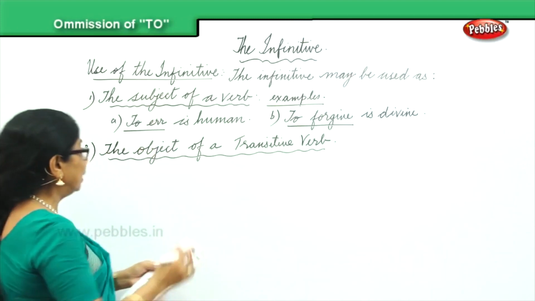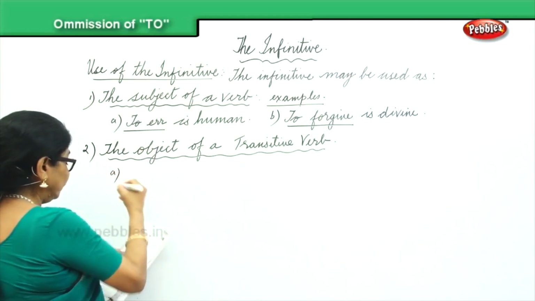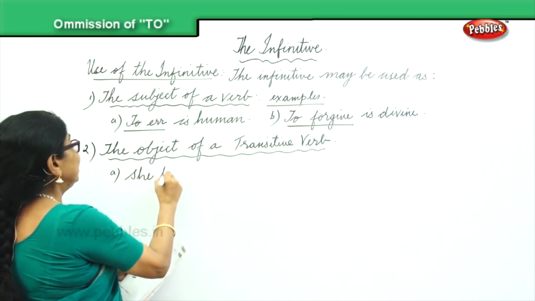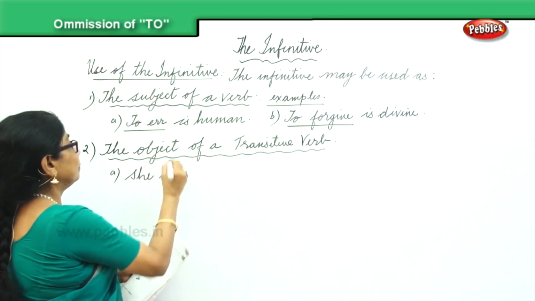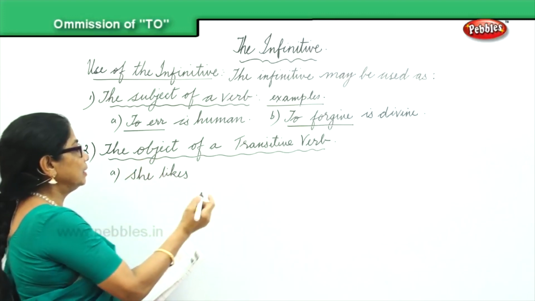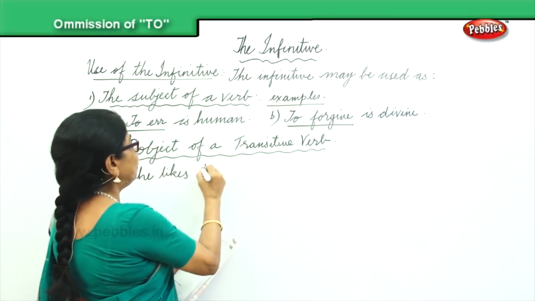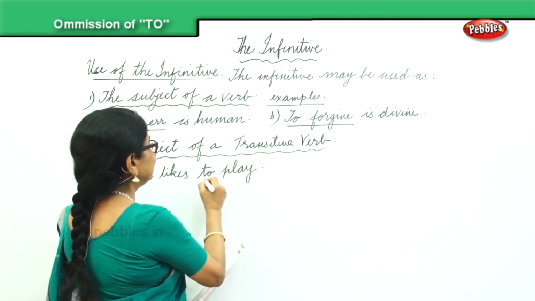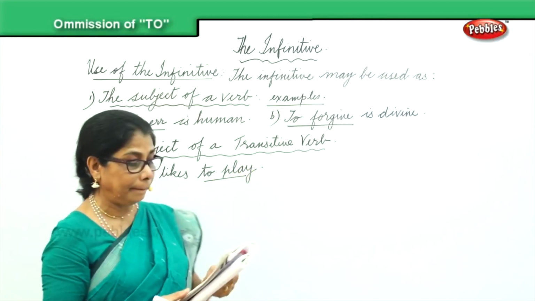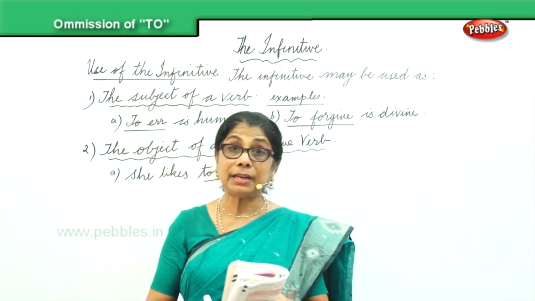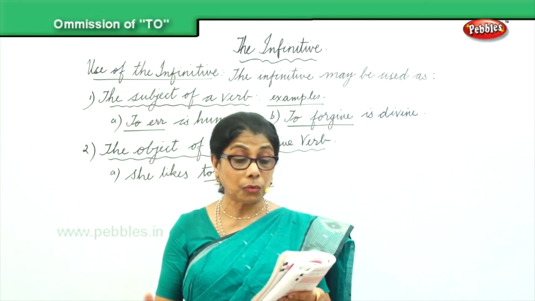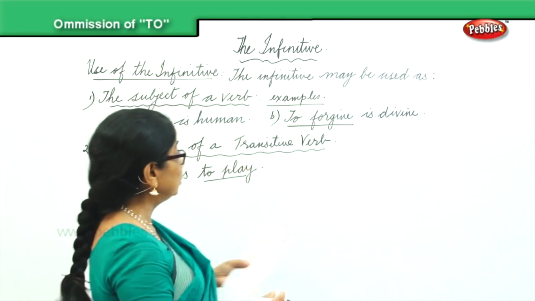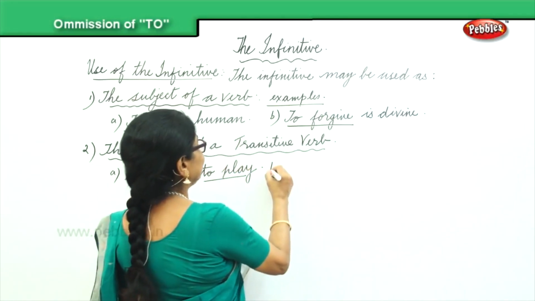And the examples are A, she likes to play. She likes, object. She likes what? To play. She likes to play. She loves to draw. He wants to sleep. He wants to dance.